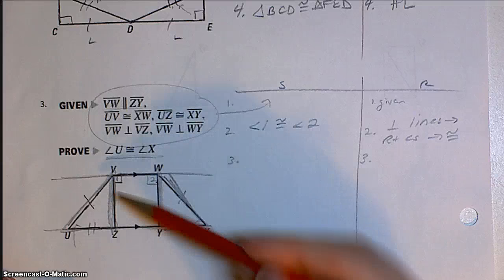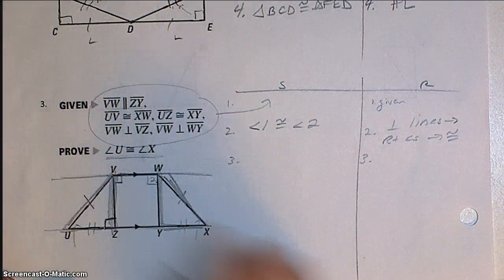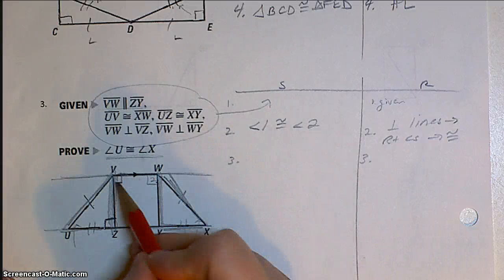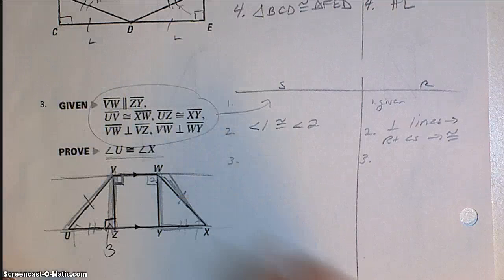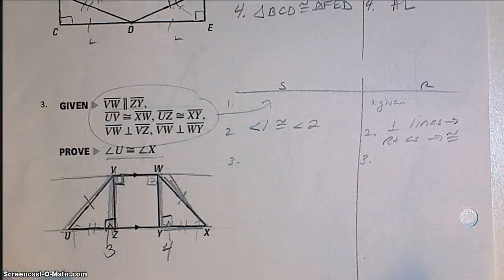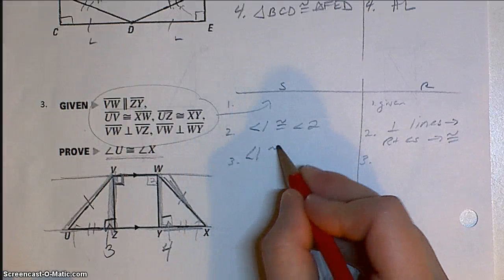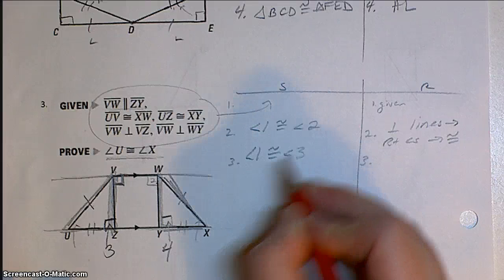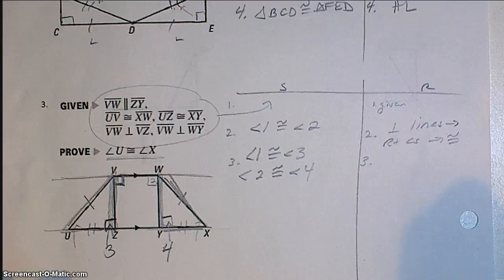If I've got parallel lines, that's got to be 90 degrees because it's alternate interior with angle 1. So I'm going to name that angle 3. And I'll name this one angle 4. So now angle 1 is congruent to angle 3. And angle 2 is congruent to angle 4.